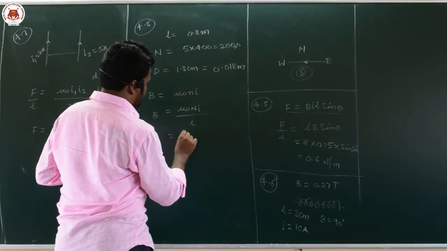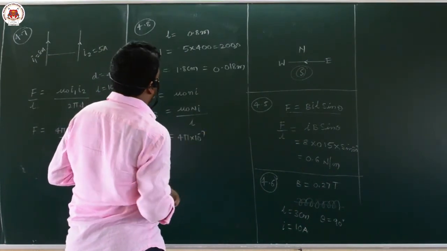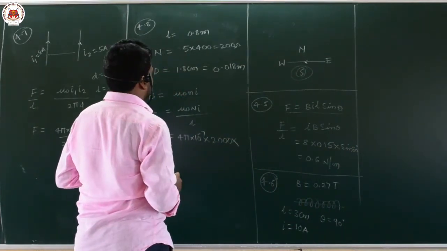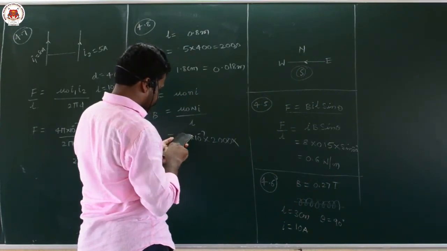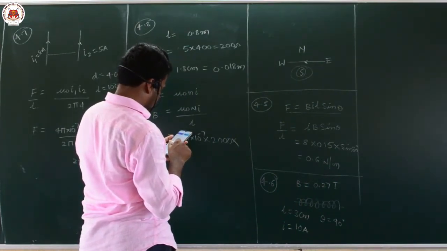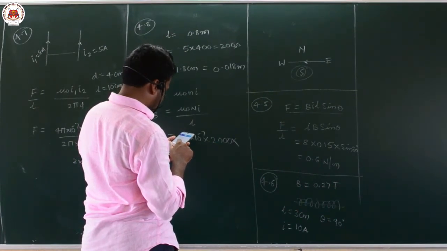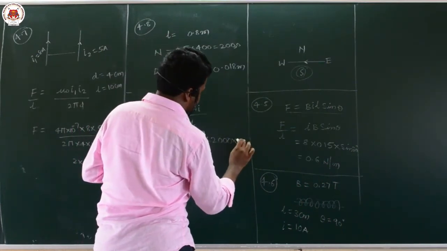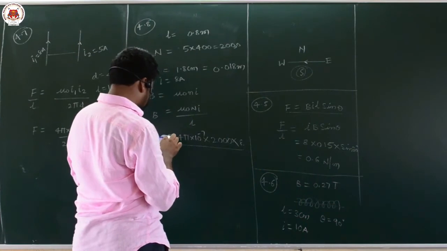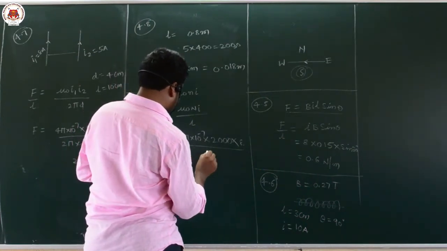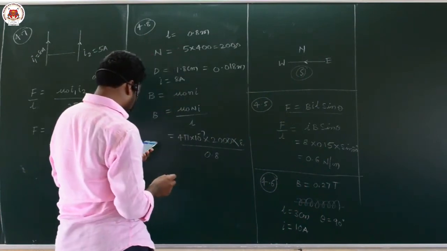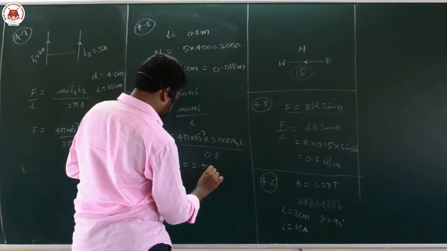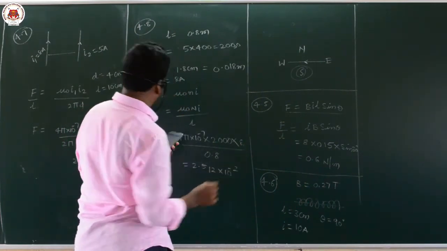Mu naught is 4 pi into 10 to the power of minus 7, and N value is 2000 into current, which is given as 8 amperes, divided by length 0.8, then you will get the answer as 2.512 into 10 to the power of minus 2. This is question number 4.8.